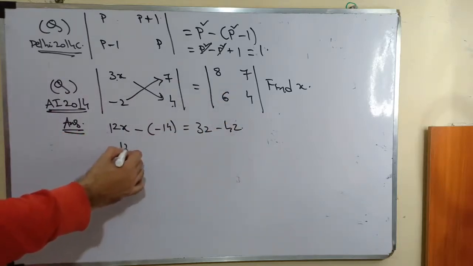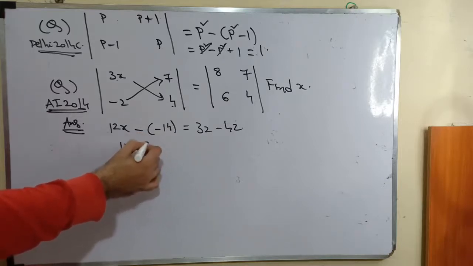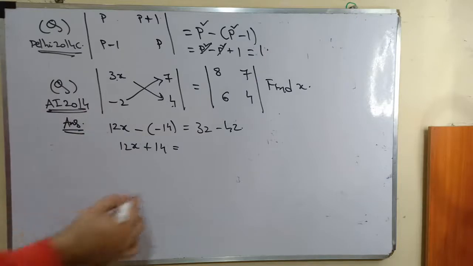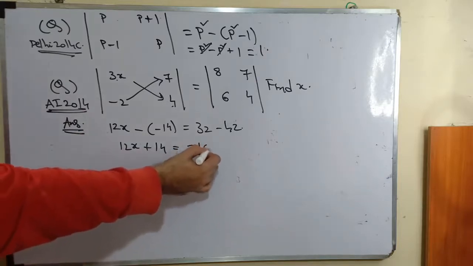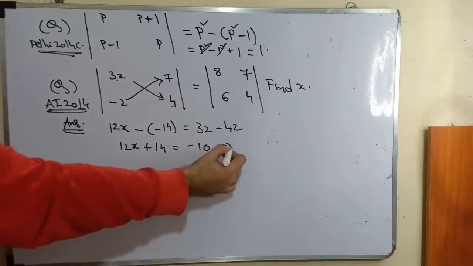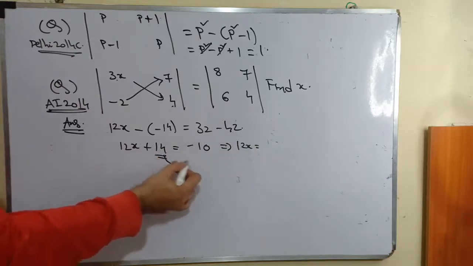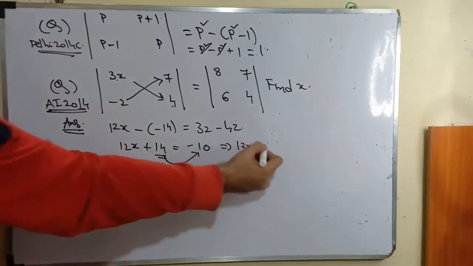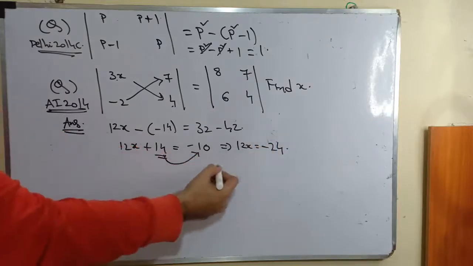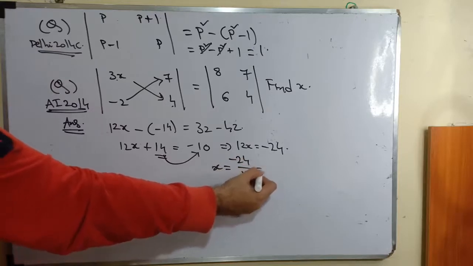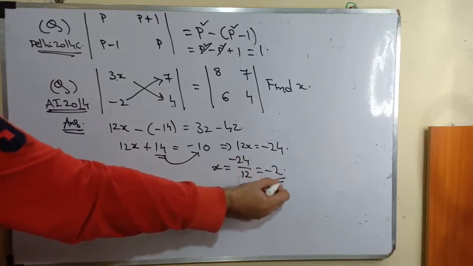So here we have 12x, minus of minus is plus, plus 14 is equal to 32 minus 42, which is minus 10. So 12x is equal to, when 14 is sent to the other side, minus 10 minus 14, that is minus 24 for us. So the value of x is minus 24 divided by 12, that is minus 2 for us.